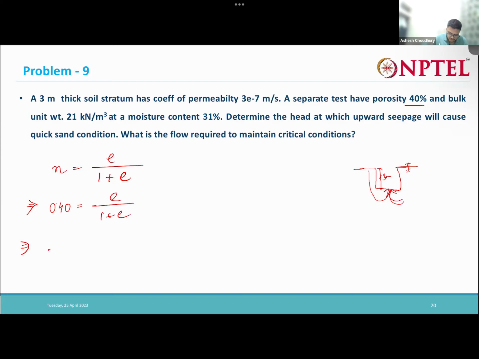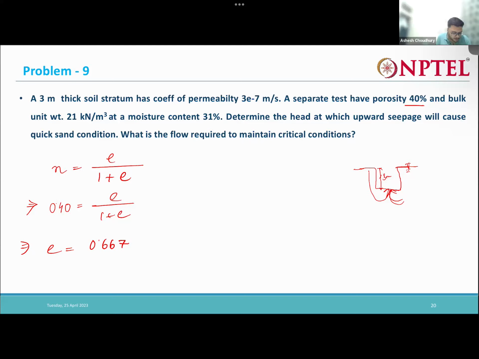See, from this, let us please find out e. How much? 66.67. It will be 0.667, right?